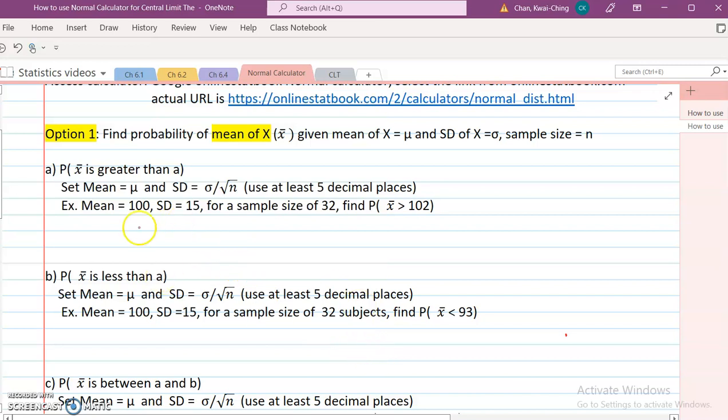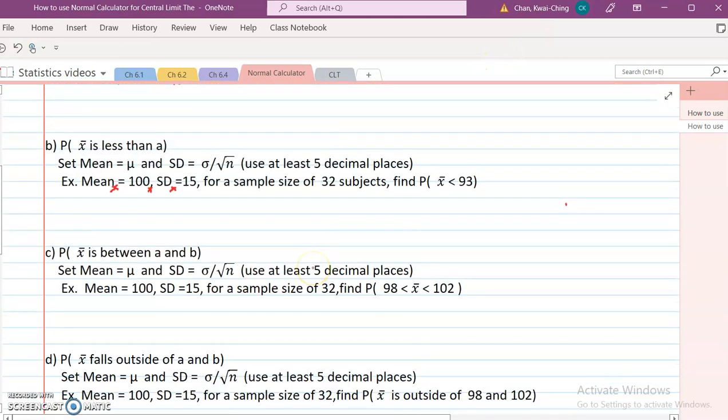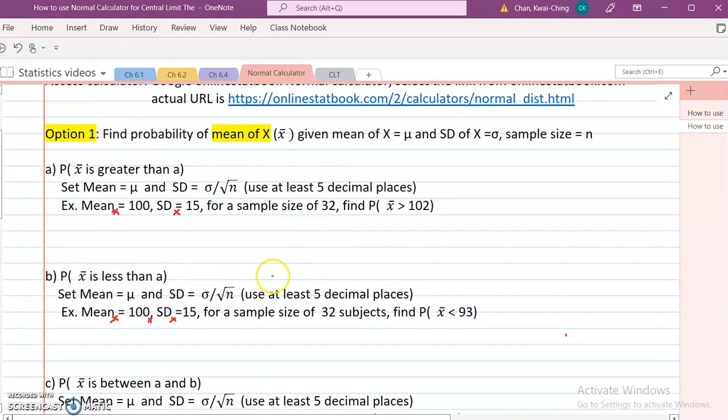And all of them have the mean of X and the standard deviation of X given as 115. So we would have to set them once, and then we can do the 4 examples at the same time. So I'm just going to put this in. When I say mean, don't be confused, this is the mean of X bar. They will not give you the mean of X bar. You have to calculate it.